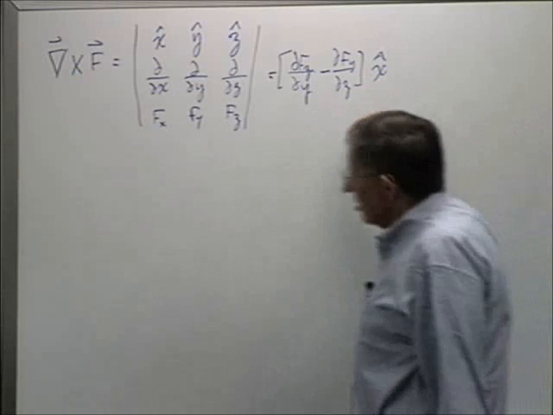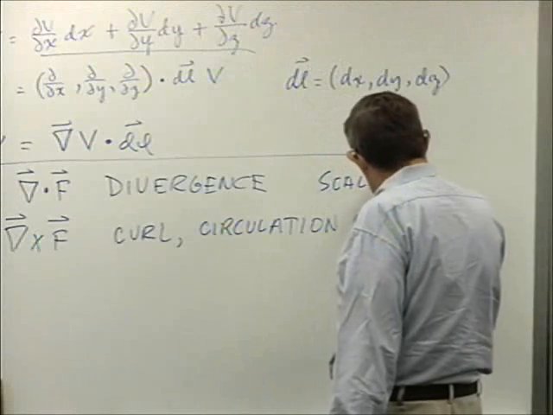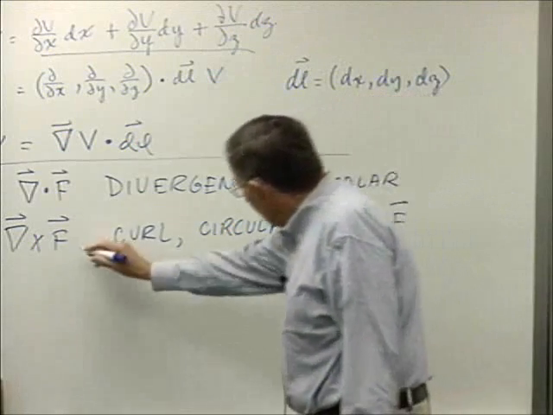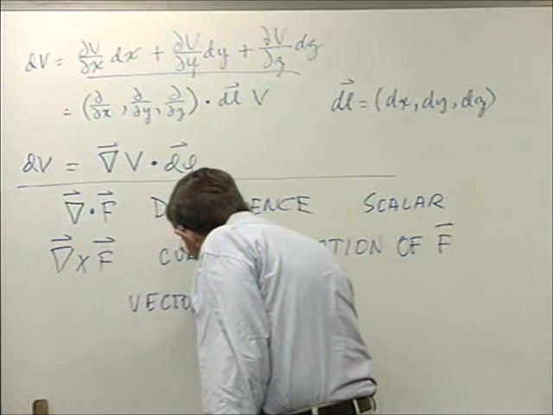So notice it's along x. This is a vector product, where the divergence is a scalar, i.e. not a vector. This guy is a vector, so it's a vector product.